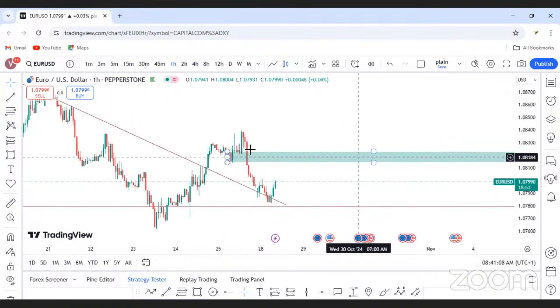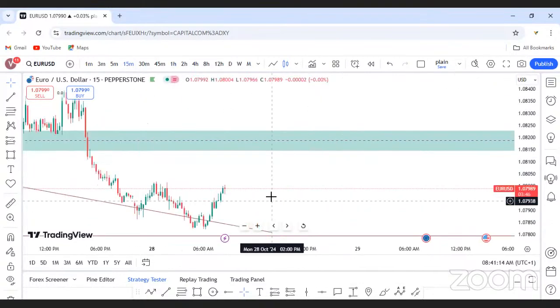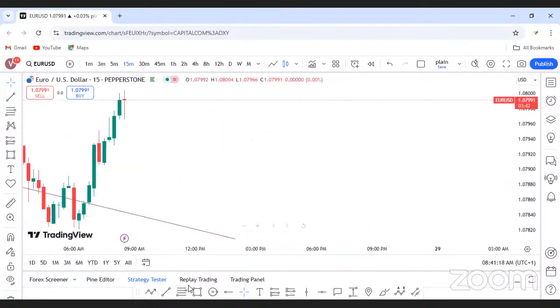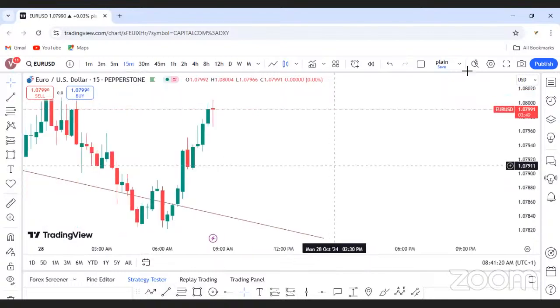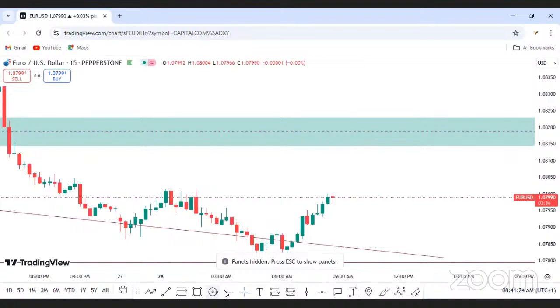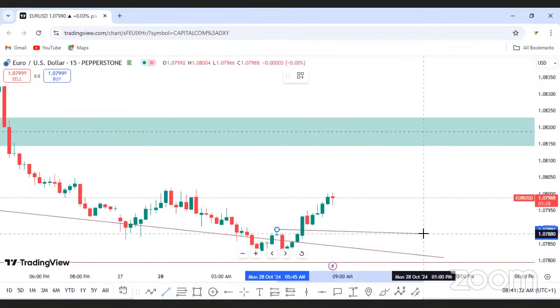Okay. So on your lower time frames, you can start looking out for potential entry points for Euro USD, one of which could be right here. Yeah, just around this level.